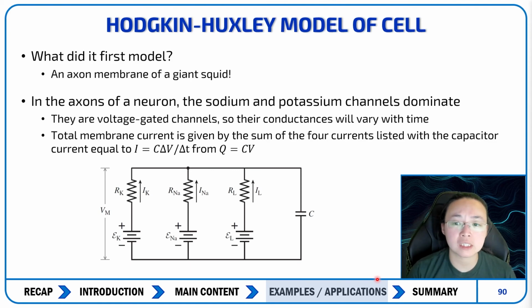So, in other words, the total membrane current is going to be defined by the sum of all of these currents. All of the channels for sodium and potassium are going to be voltage gated, so their conductances are going to be varied with time.